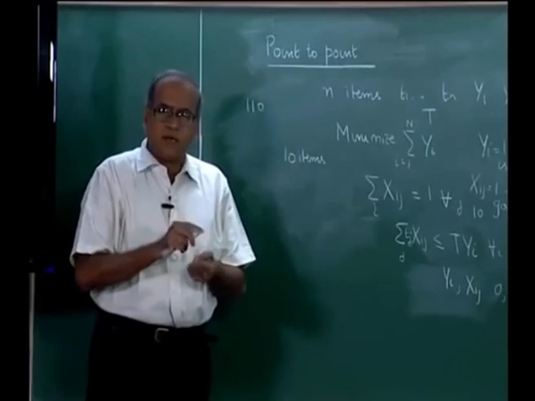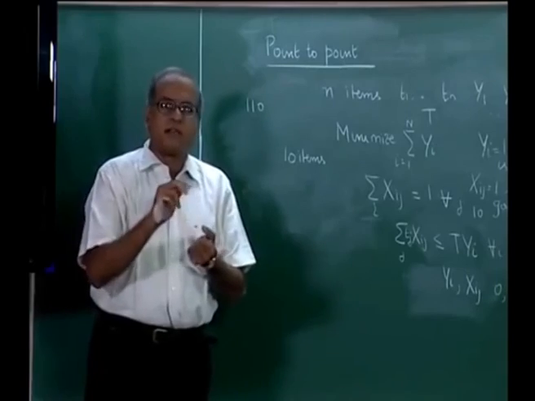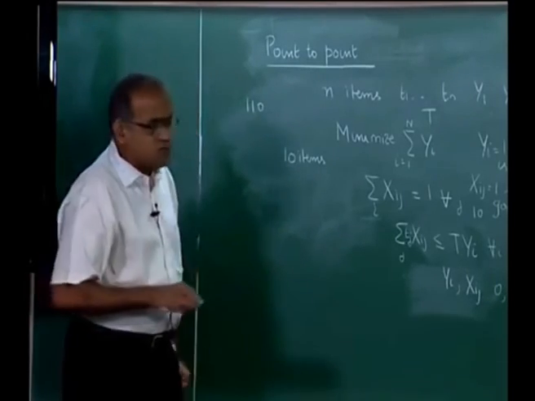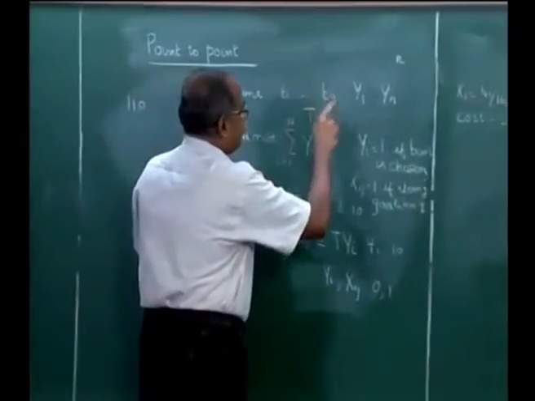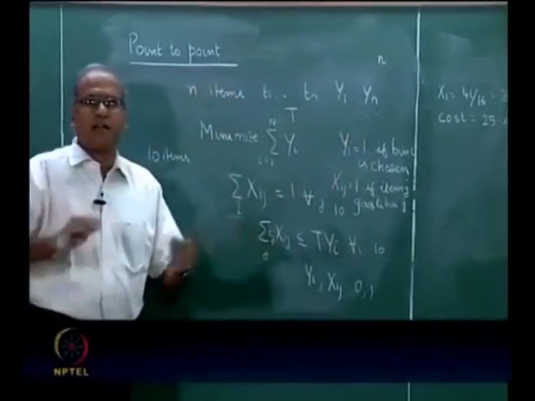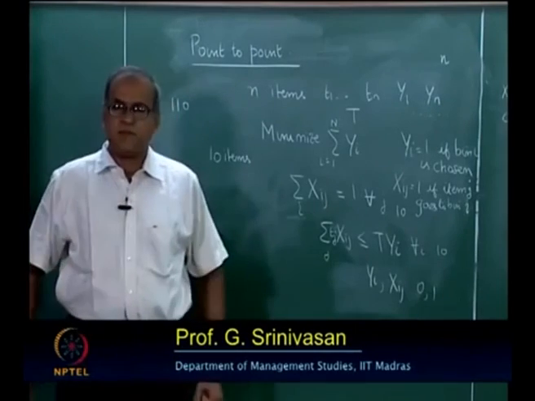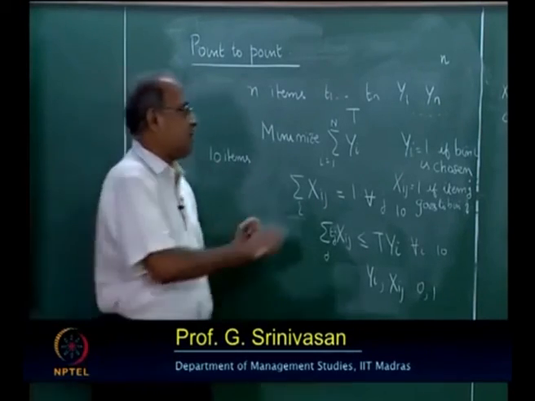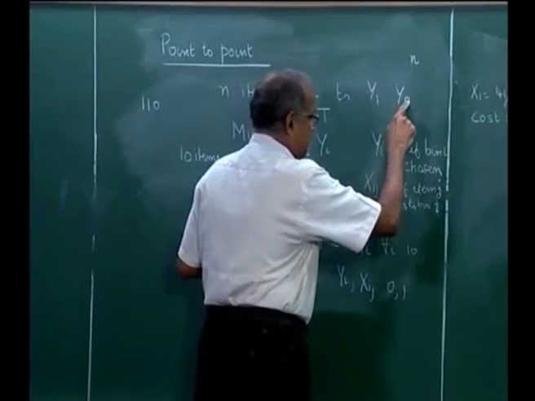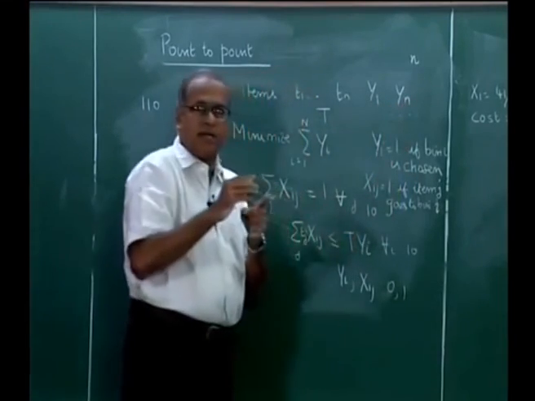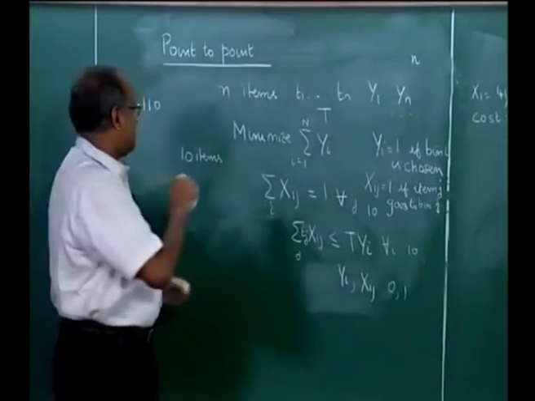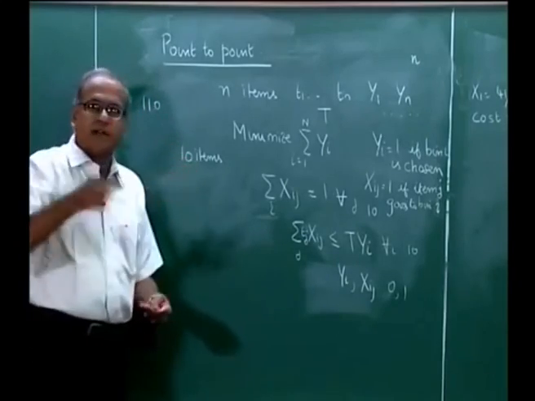Alternately, we could think in terms of some other heuristic or thumb rule based algorithms, which would say that instead of a maximum of 10, we may be able to pack this in say 4 or 5 bins. Then if we restrict the number of bins from 1 to 10, down to 1 to 5, the number of variables and constraints will reduce.